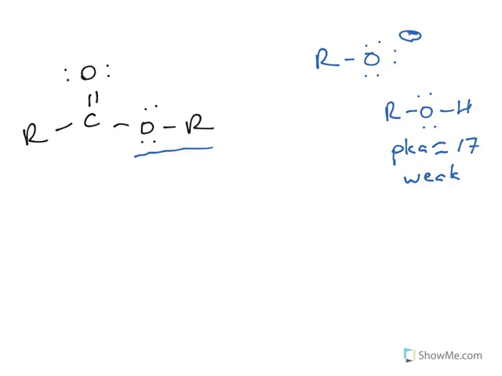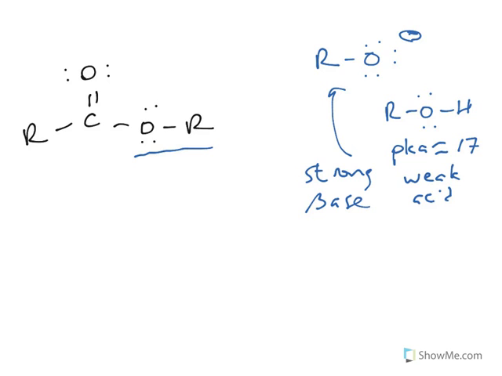Weak acid. Thus, this is a strong base. So the OR minus is not a very good leaving group. However, ROH is a good leaving group, because it is a weak acid. So weak acids are good leaving groups. Weak bases are good leaving groups. Strong bases and strong acids are terrible leaving groups.